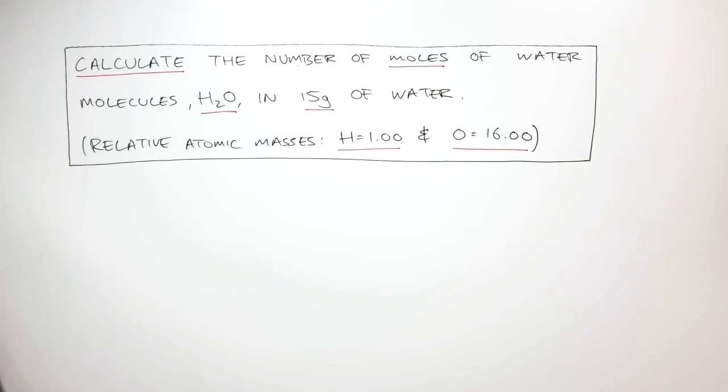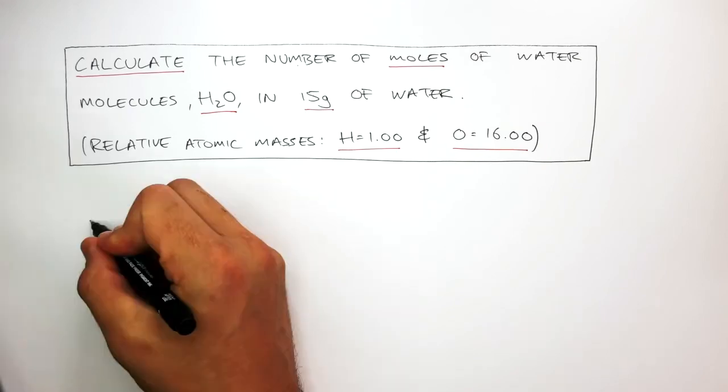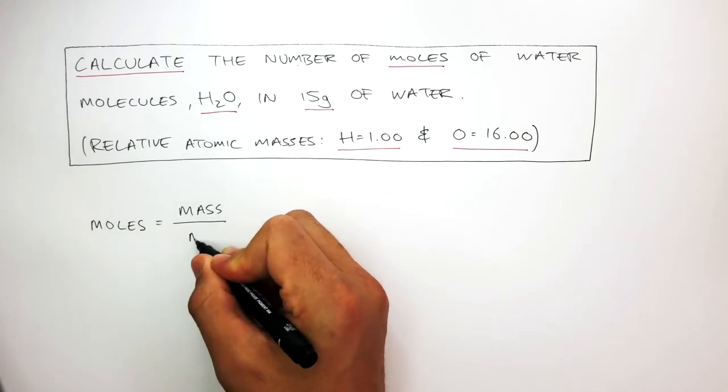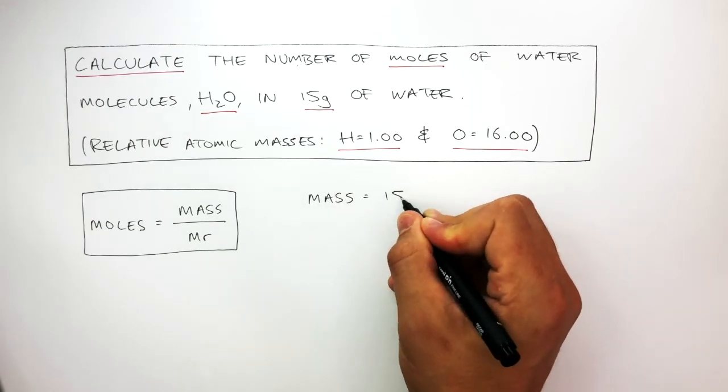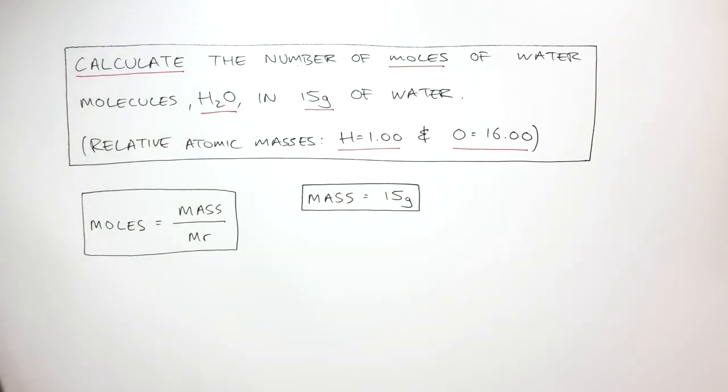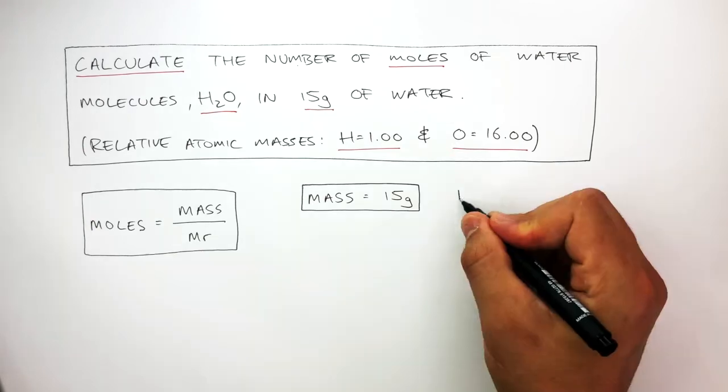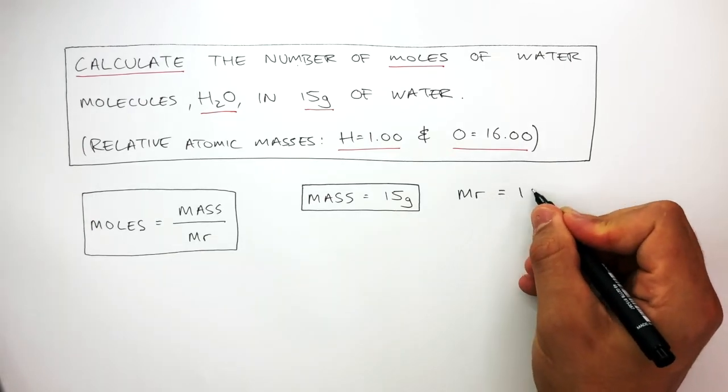The next step is to write down the equation, which is moles equals mass divided by MR. And I always want you to write down the equation whenever attempting any calculations question in the exam. The information in the question tells us the mass is 15 grams. And we use the relative atomic masses to calculate the MR of water, which is 18.